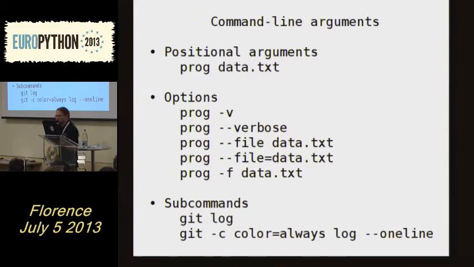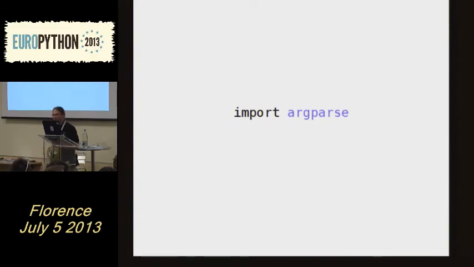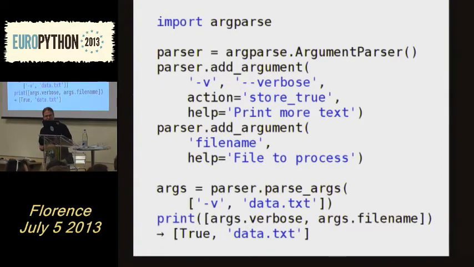So how do you do this in Python? You import argparse. There's also an older one called optparse, but yeah, you should use the new one. So how do you use argparse? You construct an argument parser object, you add argument objects to it.